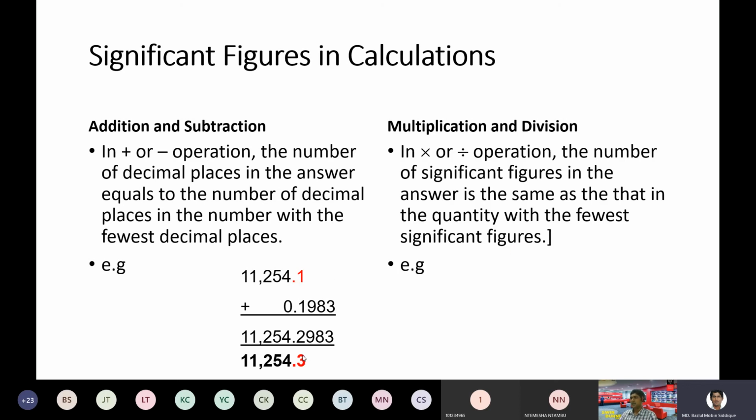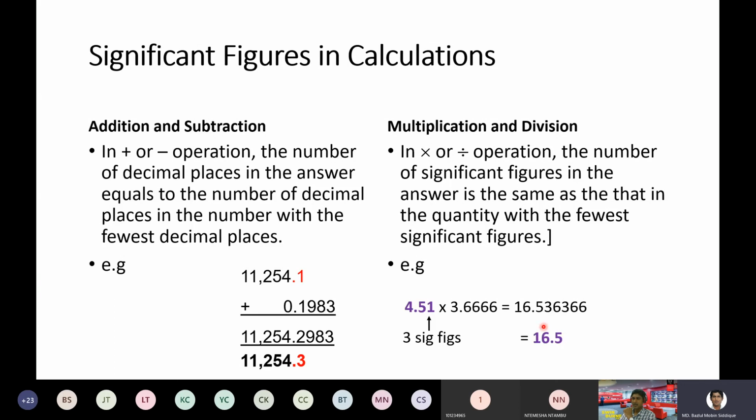For multiplication and division, it follows the same thing, right? So the total significant figure here is 3. 4.51 is multiplied with, this is for multiplication or division for both, and this one is addition or subtraction. So 4.51 has 3 significant figures.